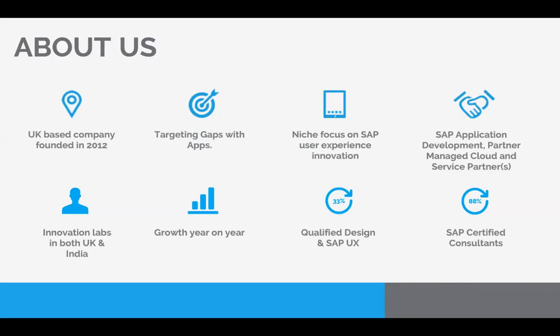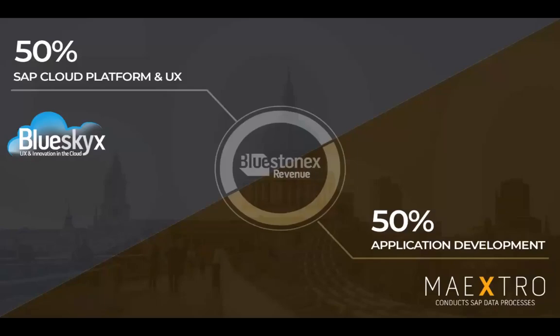As we explain to people what's different about us, we do employ designers, so it's not just about the technology. We have a real interest in design and employ designers that don't have any background in SAP technology. In terms of how the business revenue splits, it's pretty straightforward. 50% of our revenue is based on the SAP Cloud Platform and building apps, mobile applications as an example.